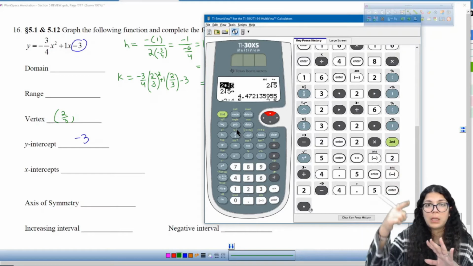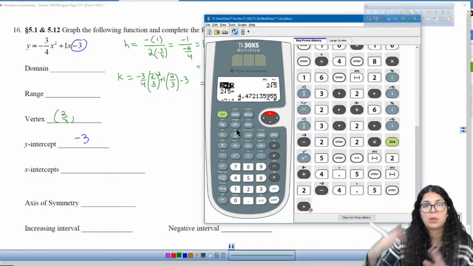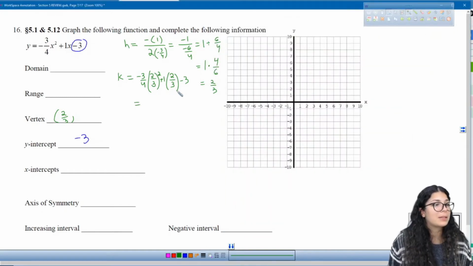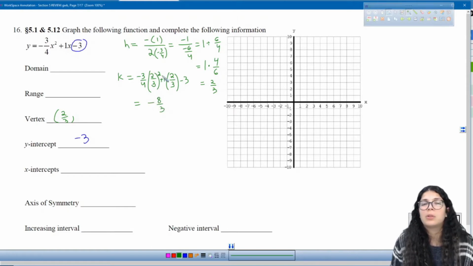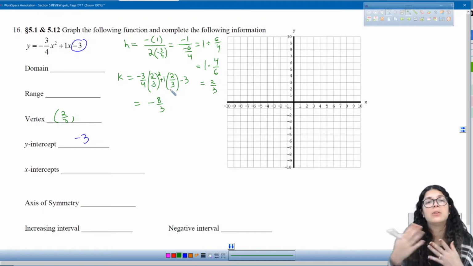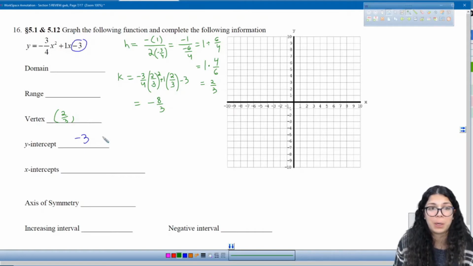Negative fraction 3 over 4, parentheses 2/3 parentheses squared, all of that, okay? I already did it to save a little bit of time right now, but if you plug this all into your calculator, we end up with -8/3. Alternatively, of course, you should be able to do it by hand, but on the test, we want to save time, so just use your calculator because you have that power.